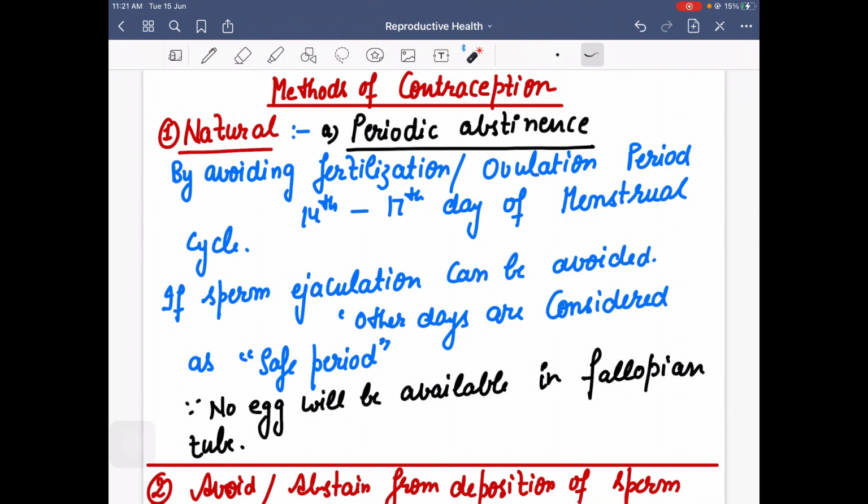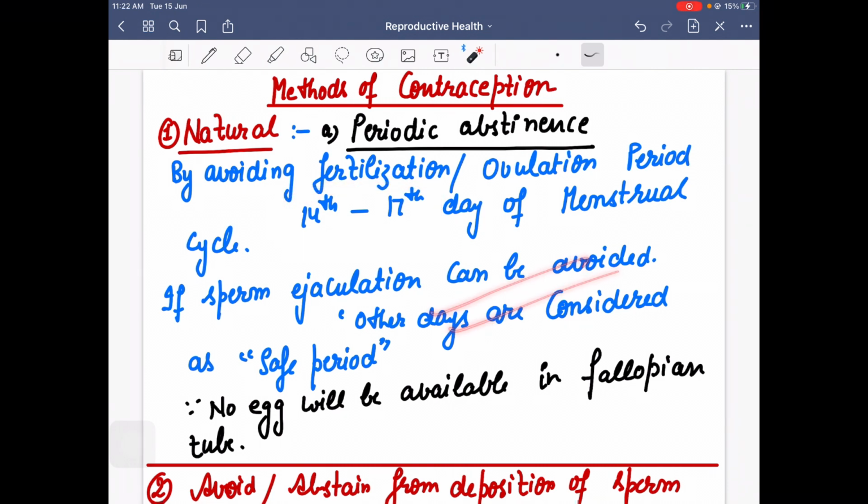that the couple should have knowledge of when the ovulation period is, and on those days, means 14th to 17th day of the menstrual cycle, there should be no sperm ejaculation in the vagina, right? So there should be no sperm collection in the vagina between the 14th and 17th day of the menstrual cycle.